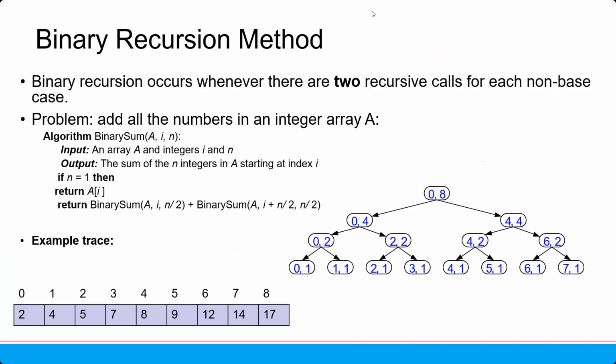If n equals 1, then return A. If not, then do the binary sum with the list A starting from index I until n divided by 2.